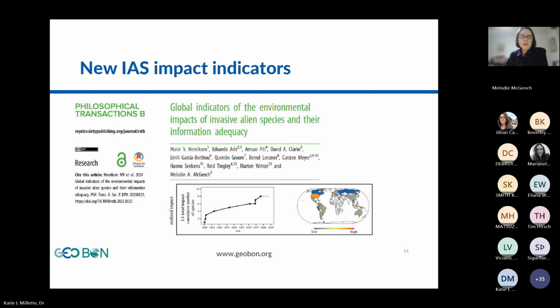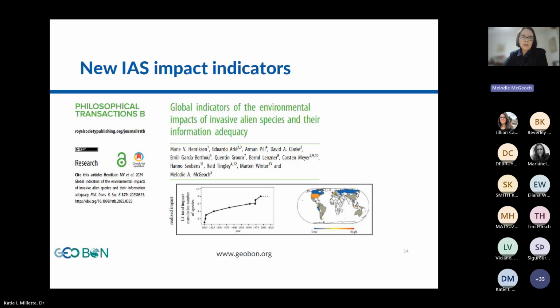Finally, I'm just briefly in one slide going to mention that in the last 2 weeks, a publication emerged which presents options for producing a range of indicators of the impacts of invasive alien species, and also indicators of the information adequacy of alien species data for particular countries.